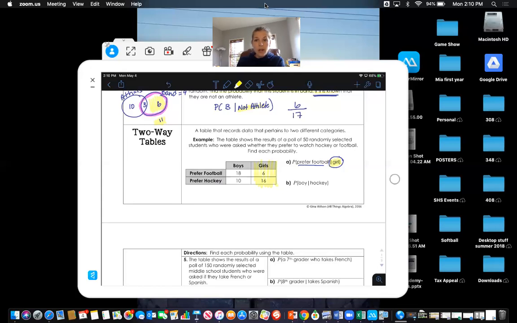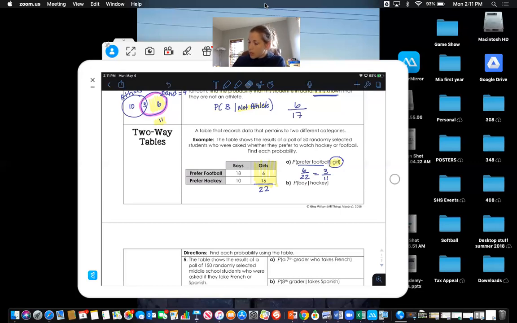That's limiting your sample space. Of all of our girls, let's add that up. That's 16 plus 6 is 22. So of my 22 girls, how many of them prefer football? 6 of them do. So I can reduce that to 3 out of 11.